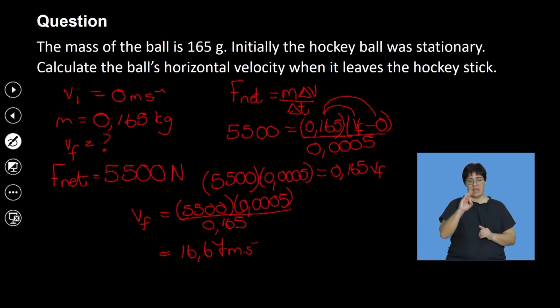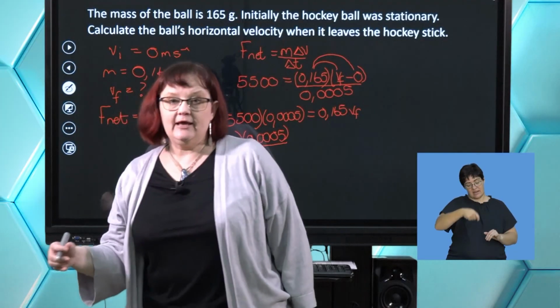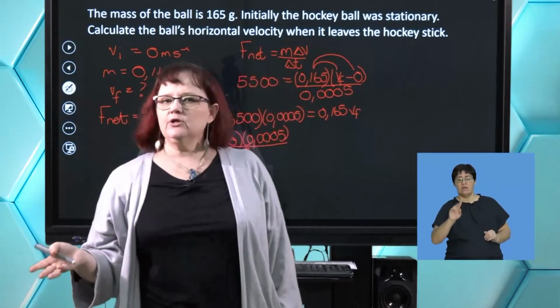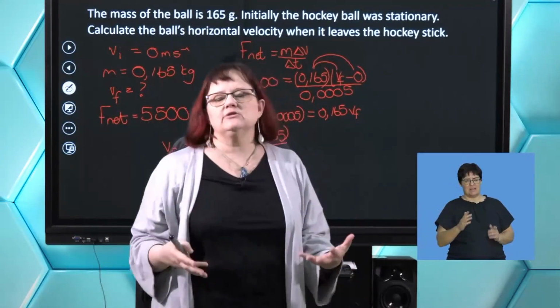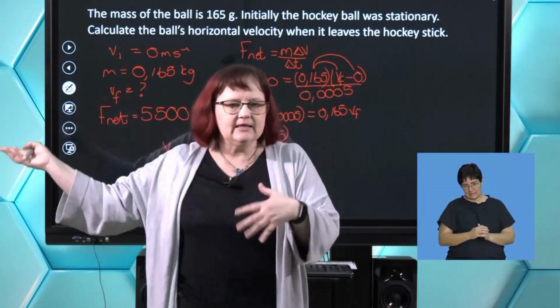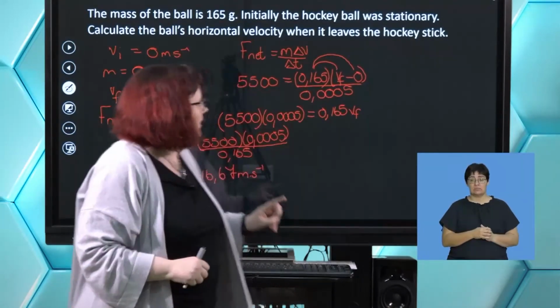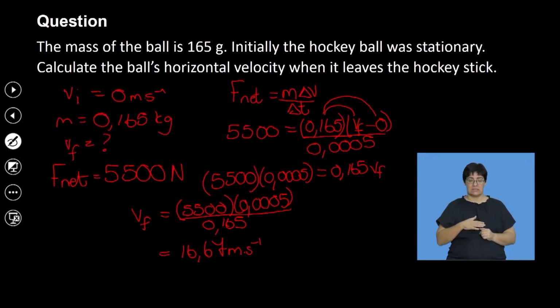All right, remember, we always round off to 2 decimal places at least. Okay, your instructions always say to at least 2 decimal places. If you want to use more than that, go for it, but I do not suggest you keep lots of decimals. It's just going to make it difficult for you. But we're not done. They want the horizontal velocity. I've got the velocity, but what is missing?